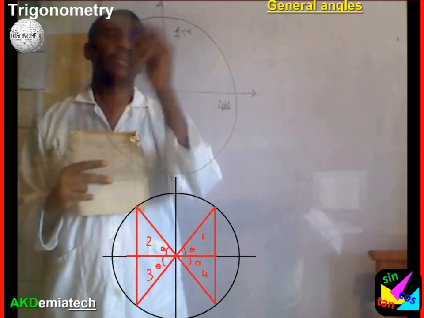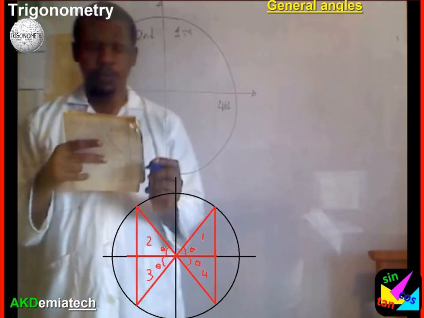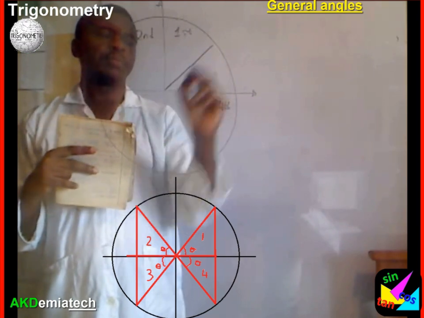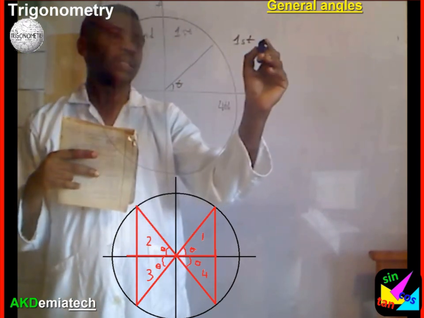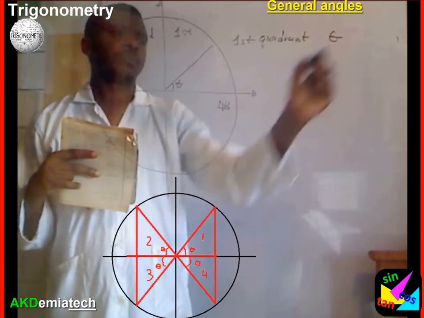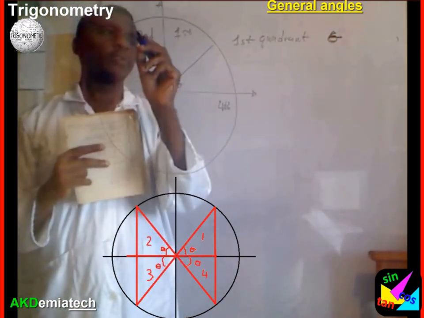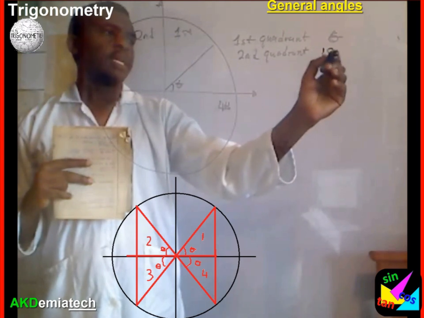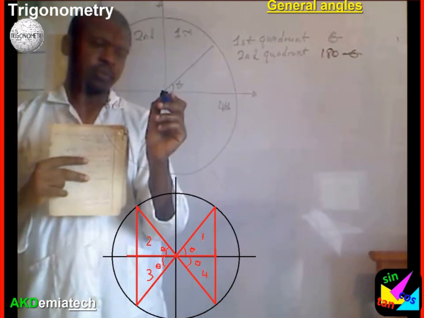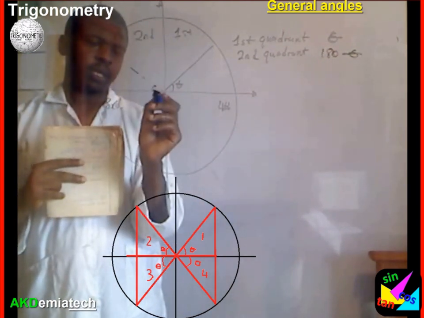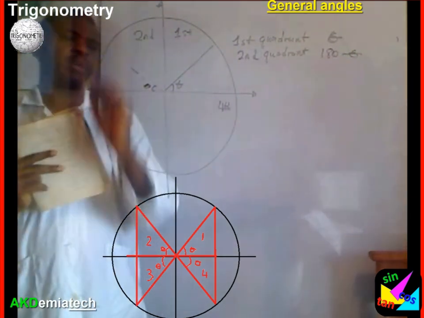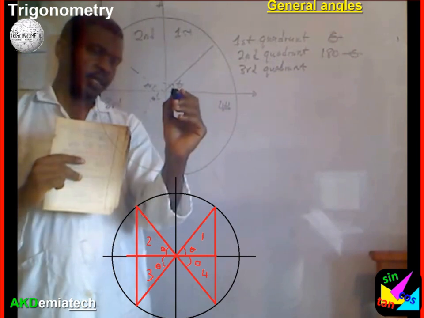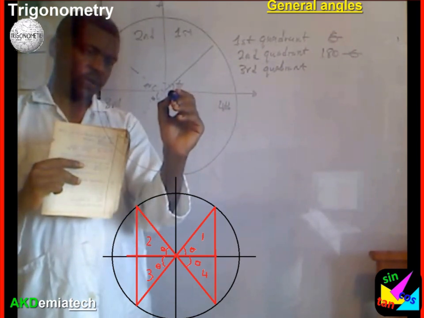So let's make out a summary here. For the first quadrant, the angle is given by theta. Second quadrant, we have 180 minus theta. There's the angle there, 180 minus theta. This is our third quadrant here. This is already 180.